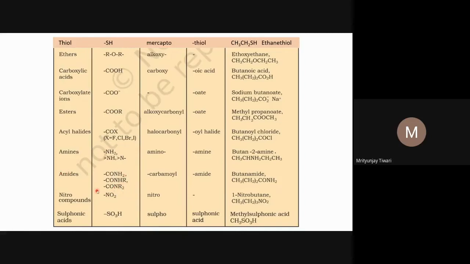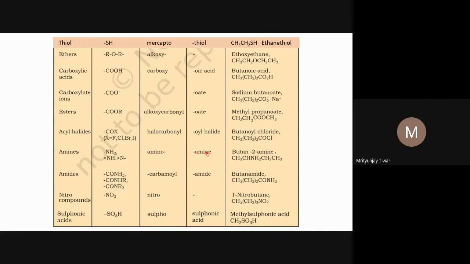And this amide can be there as a side chain. If you consider it as a side chain, it is not the principal reactive functional group. Then while naming it, it will be used as a prefix, and the IUPAC group prefix for amides is carbamoyl. So carbamoyl, remember these names are important. Carbamoyl is used as a prefix, and amide is used as a suffix, the IUPAC group suffix for all the amides, whether primary, secondary, or tertiary.